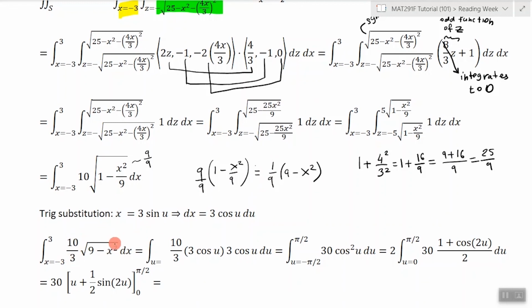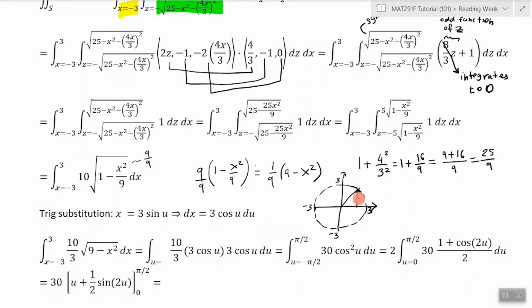So then after I did this, here's what I'm going to do. I imagine this being sort of like a circle with radius 3. So this is some hypothetical circle of radius 3. And my x is going to be sort of this vertical coordinate.